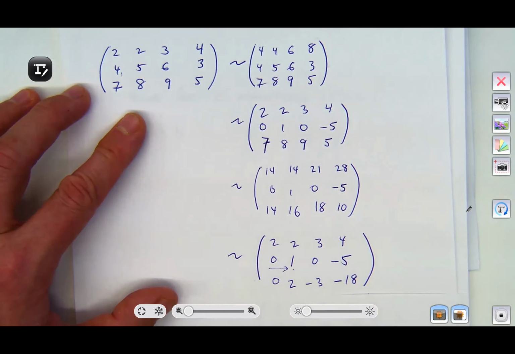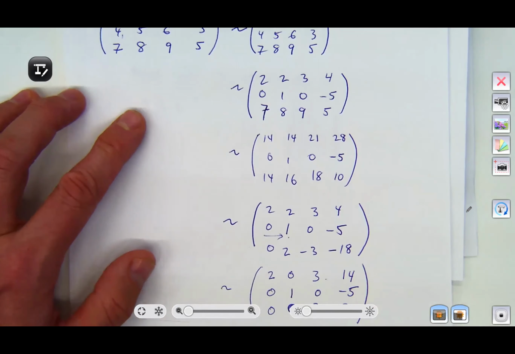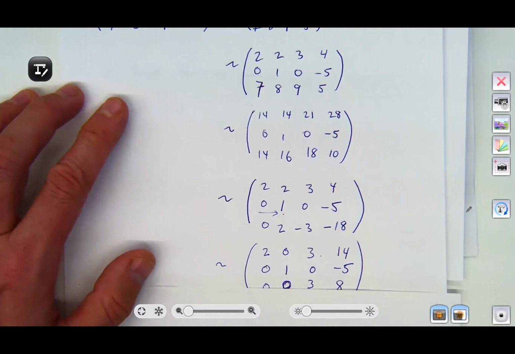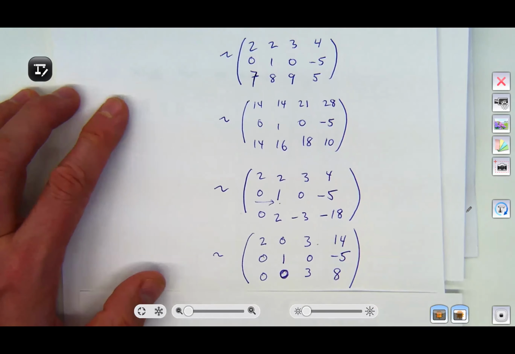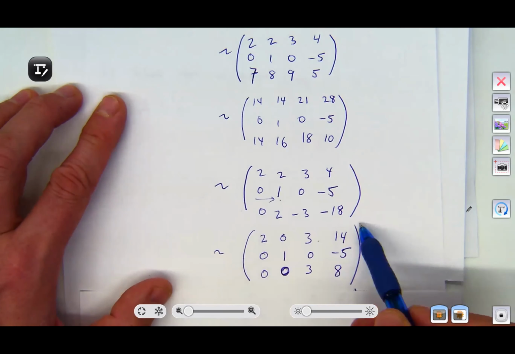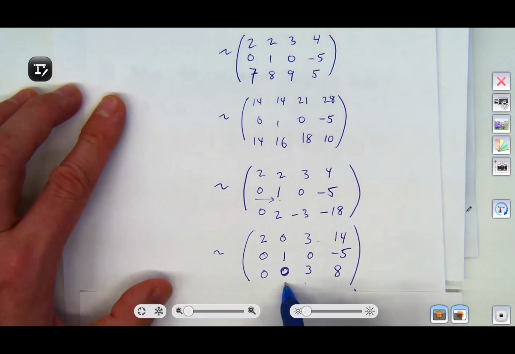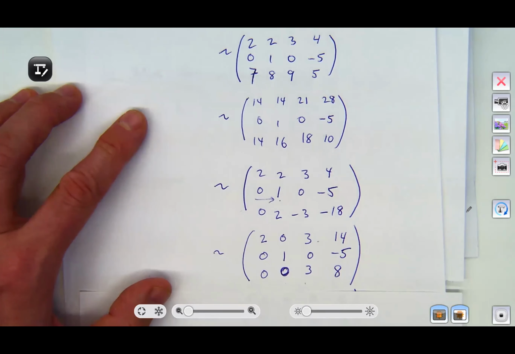Okay, so to achieve that, I'll multiply the second row by 2 and then subtract, right? But to avoid writing too many steps, I'll jump. So once I do that, having multiplied that by 2 and subtracted and made that the new row 3, now I have a 0 under my second pivot, okay, which is great.